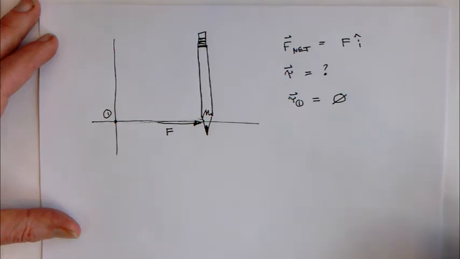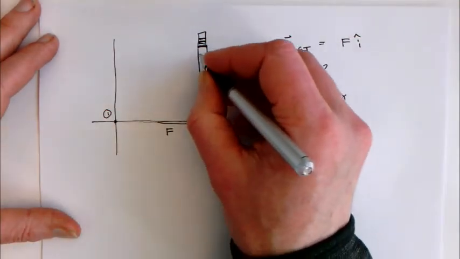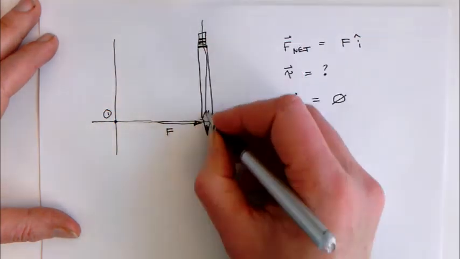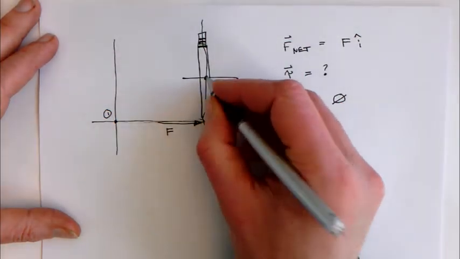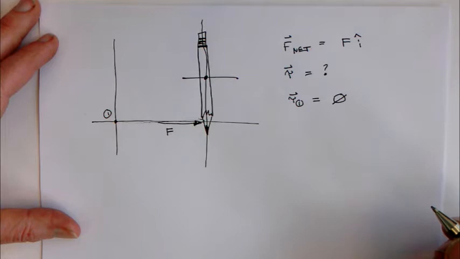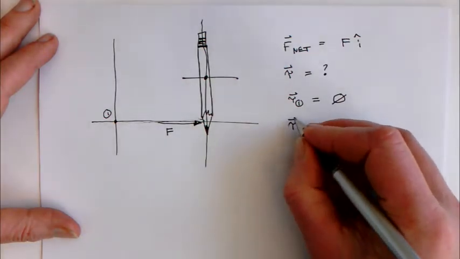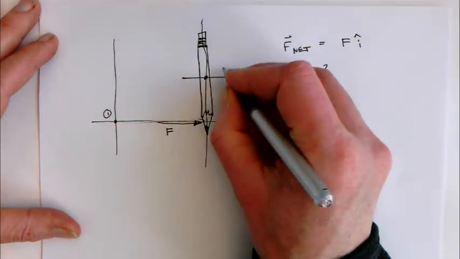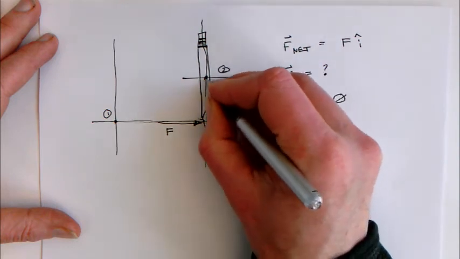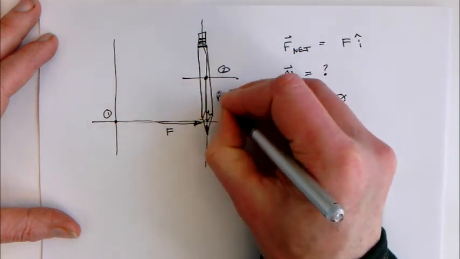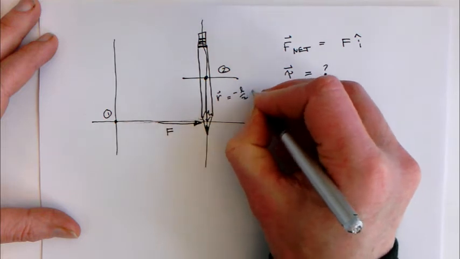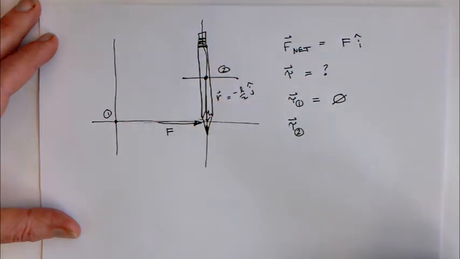Okay. What if I were to choose my coordinate system instead as being this, right, through the center of mass of the object? What would the torque be in that case? Well, let's call that coordinate system number 2. I'd have an r that was minus L/2 in the j-hat direction.